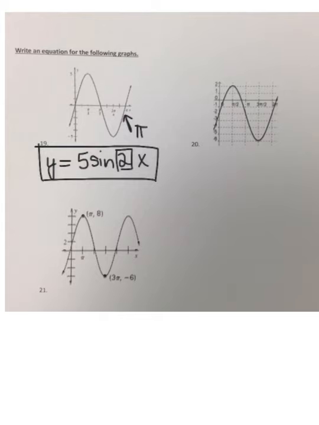Okay, if we look at number 20, you should notice that things aren't even like they were here. See, like I have a distance of 5 from the x-axis up and from the x-axis down, but I don't here. I have 2 up here, but I've got 4 down here. So this total distance from my maximum here all the way down to my minimum here is a total of 6.